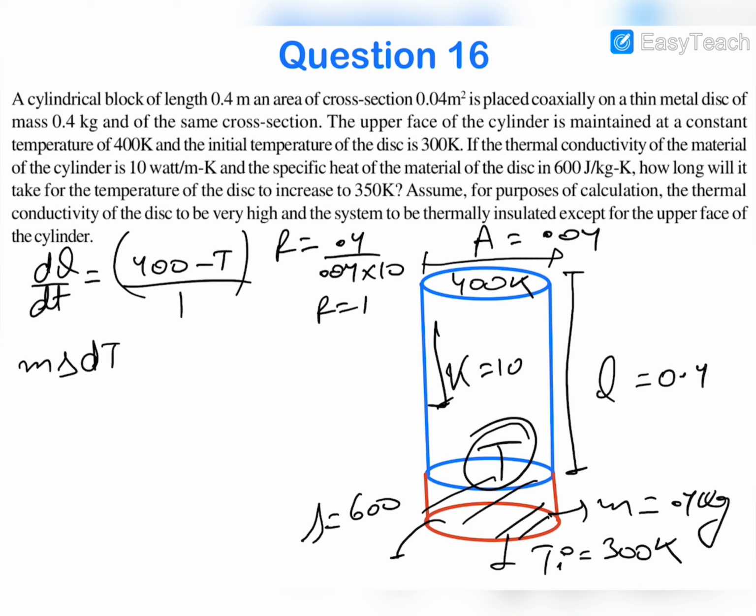dQ will be equal to m s dT, so m s dT by dt is equal to 400 minus T. So m is 0.4 and s is 600.